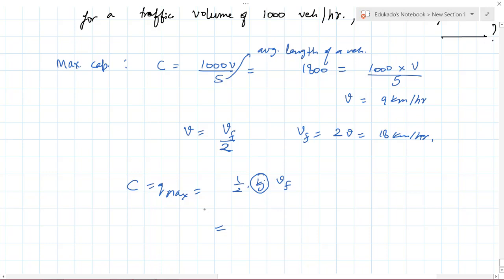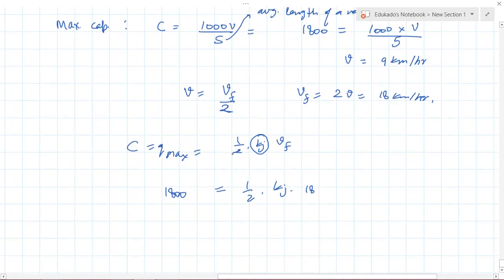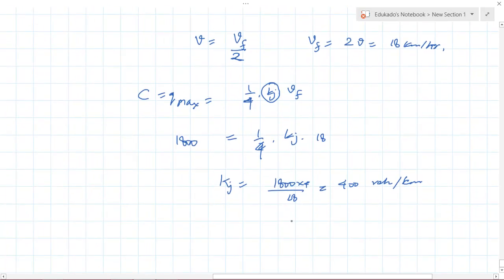Q max is given as 1800, Vf you have just calculated as 18, and it is 1 upon 4. So Kj comes out to be 1800 into 4 over 18, which is 400 vehicles per kilometer. So I got the jam density.